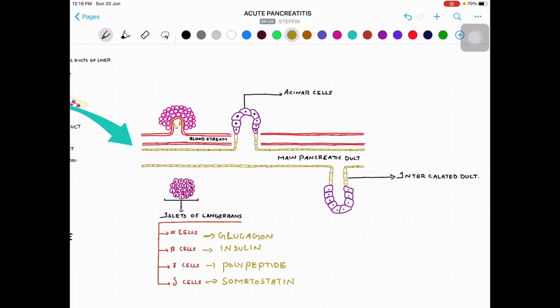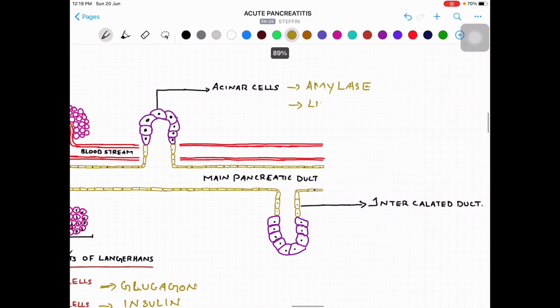And the acinar cells secrete digestive enzymes like amylase, lipase, and protease. This protease includes trypsinogen, chymotrypsinogen, proelastase, and procarboxypeptidase.